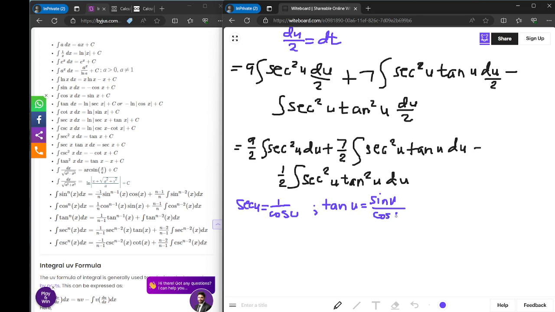However, what shall we do here? How about for secant squared?